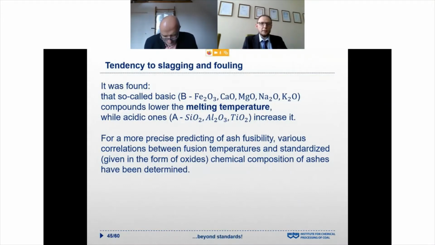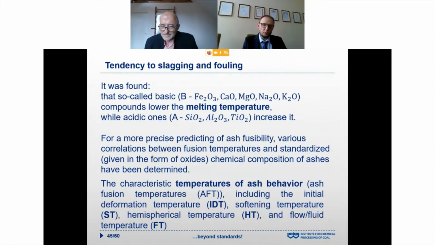We can divide it into two groups. First is acidic, the second is basic. If we have more basic additives, in fact, we decrease the melting temperature. If we have more acidic, we increase it.